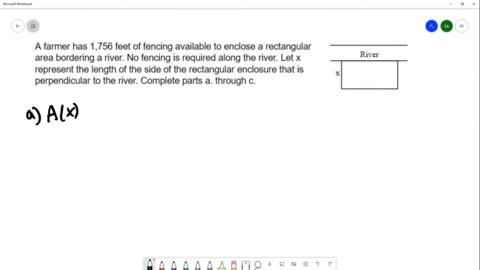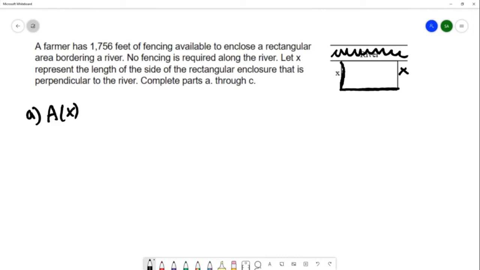In our picture, you can see we have the river here. No fencing is required along the river. And we've labeled this side that is perpendicular to the river as x. Because this is a rectangle, we know that this side will also be x. And we want to label this side that is running parallel to the river.